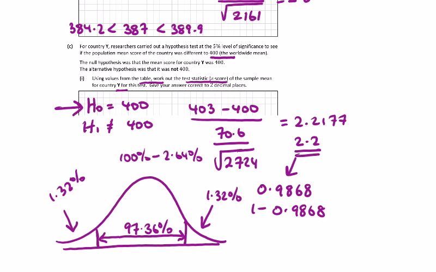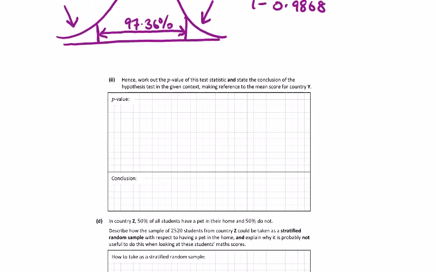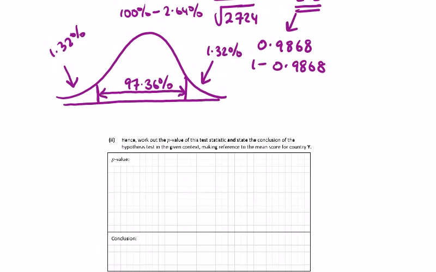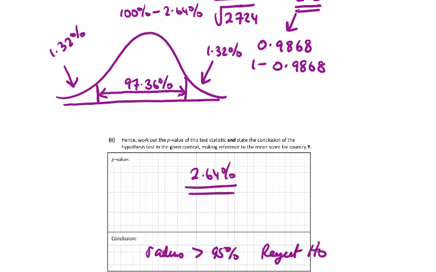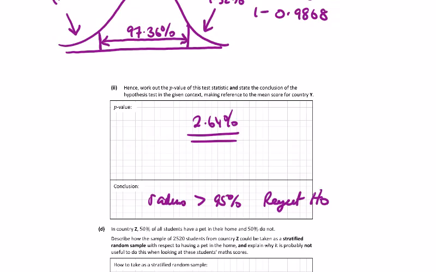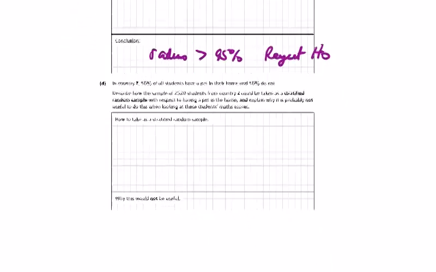So let's just see how they phrase that. They tell us to work out the p-value, which we've done. The p-value is 2.64%. And the conclusion, what I've been talking about: as the radius is greater than 95%, reject H0. Evidence to suggest the average is not 400 in Y.